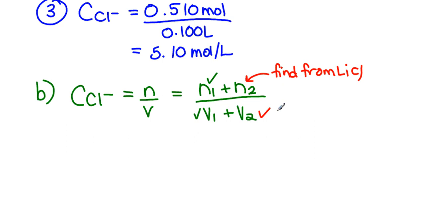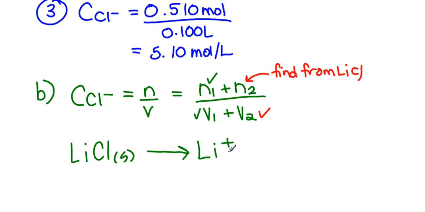So before we jump in and do this combined moles and combined volume, we need to find out exactly how many moles of lithium chloride we have. So we can start this part of the problem the same way that we did with part A. Lithium chloride is a solid. It will break apart into two ions, lithium ions and chloride ions. It's a 1-to-1 ratio here.